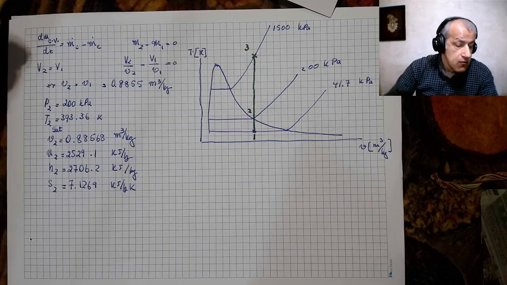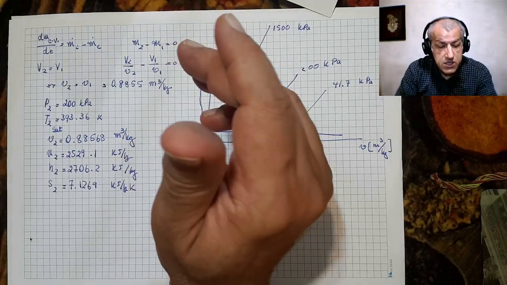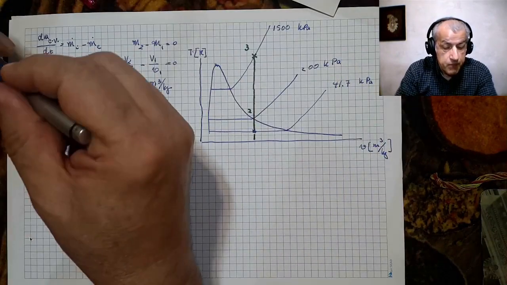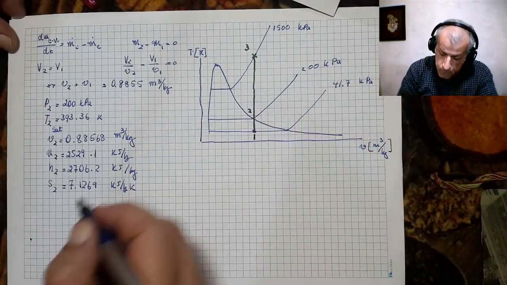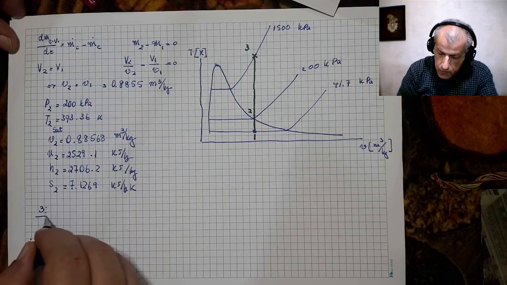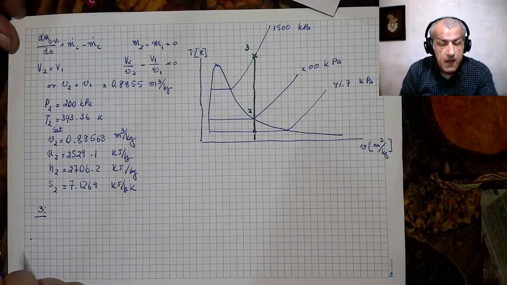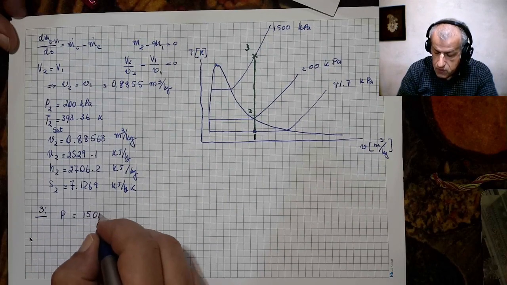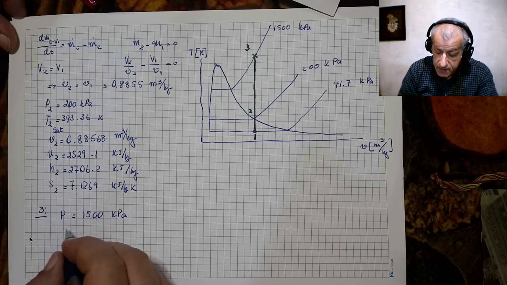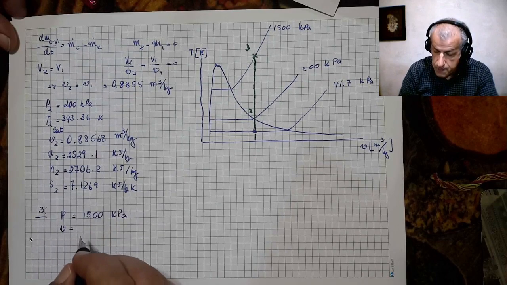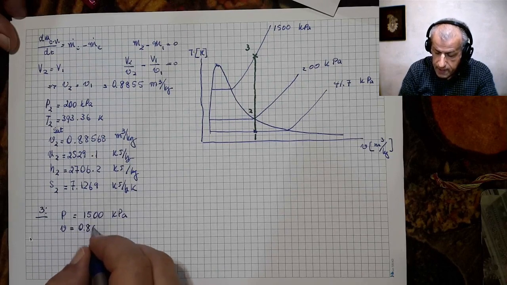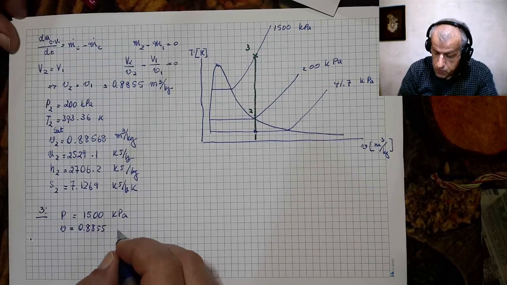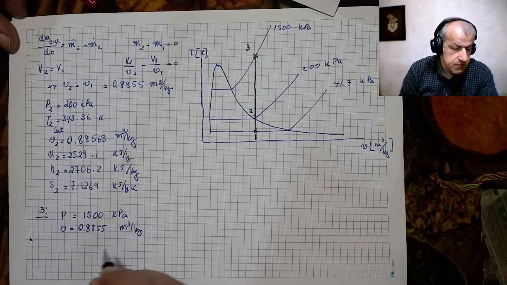Now, for point 3, our calculation would be as follows. We know that our pressure is P equals 1500 kilopascals, and the specific volume V would be 0.8855 cubic meters per kilogram.